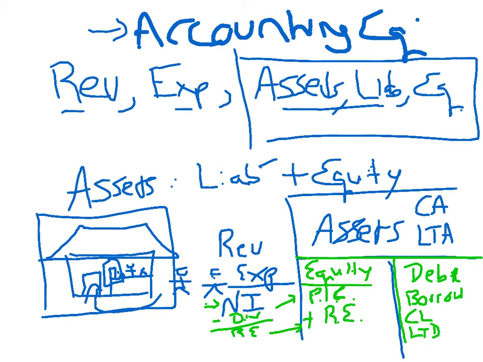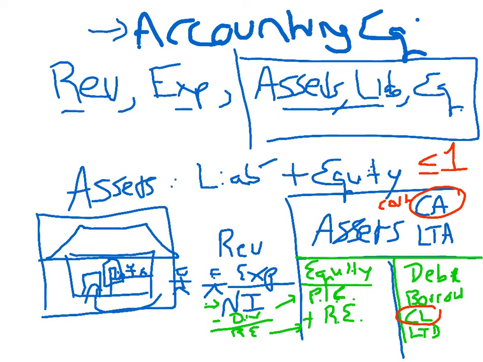One side note: current assets are things we can turn into cash within 1 year, and current liabilities are things we have to pay within 1 year. Those create what's called our working capital accounts. We'll talk about that later.